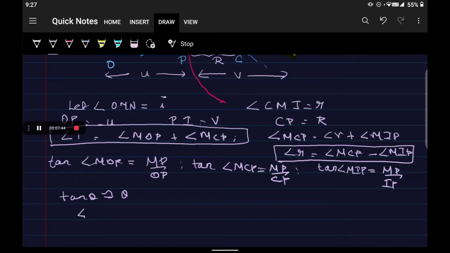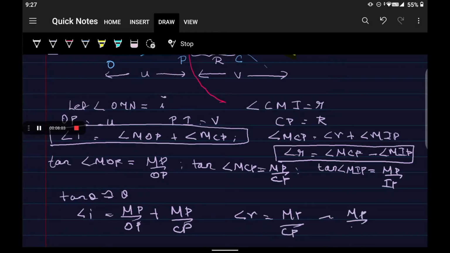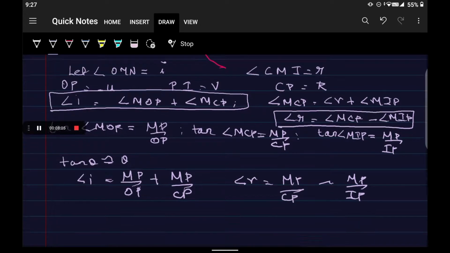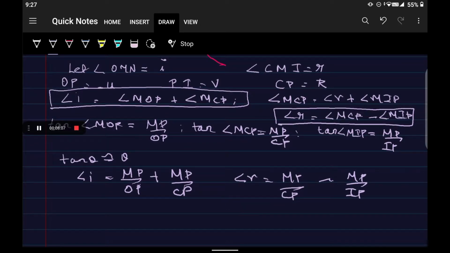Now take angle I. Angle I is nothing but angle MOP, which is MP by OP, plus angle MCP, MP by CP. Similarly, what is angle R? Angle MCP minus MIP. So it is MP by CP minus MP divided by IP. So we have obtained angle I and angle R.